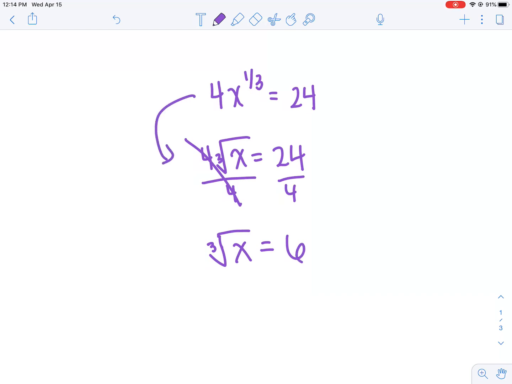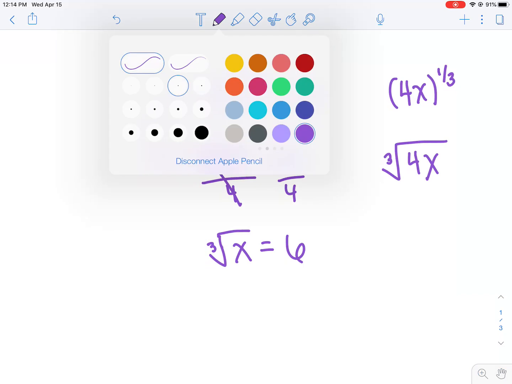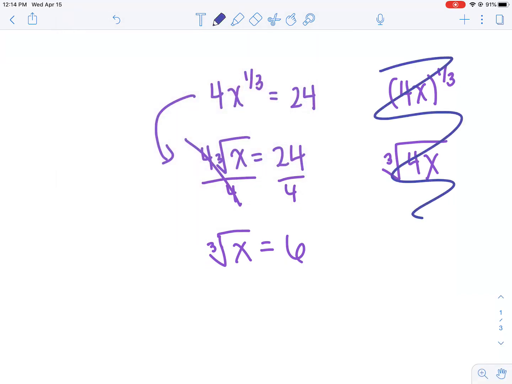If you had parentheses around 4x to the 1/3, that would be the cubic root of 4x. But it's not that. It's 4x to the 1/3, which means the 4 goes on the outside of the radical. So going back to this problem, if the 4 is on the outside of the radical, then you do have to divide by 4 to isolate the radical. And then from here, you can cube both sides.